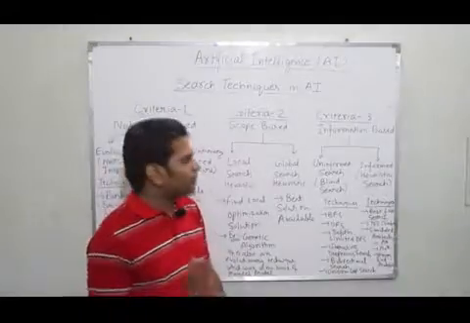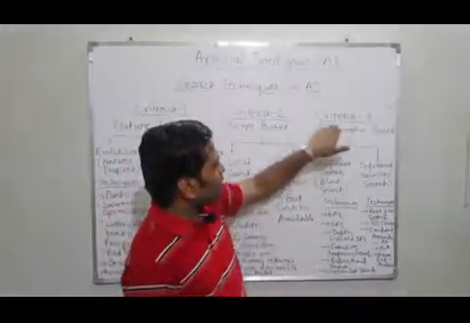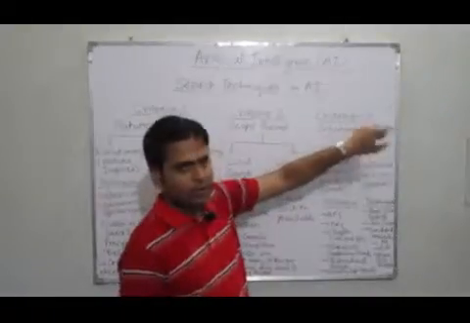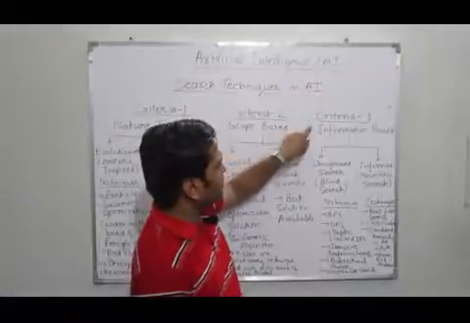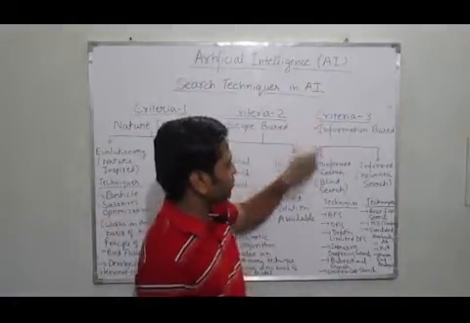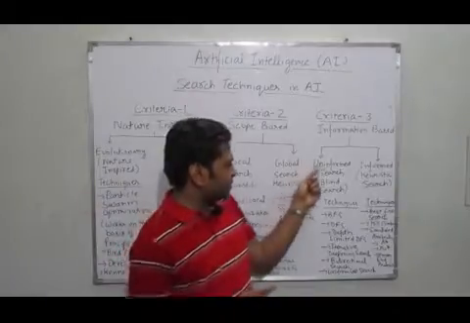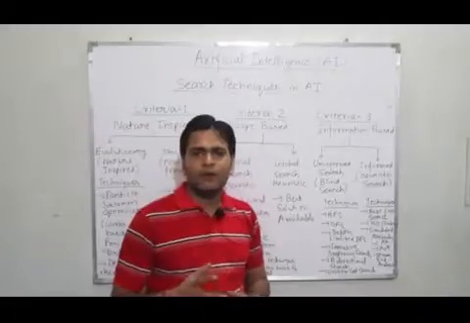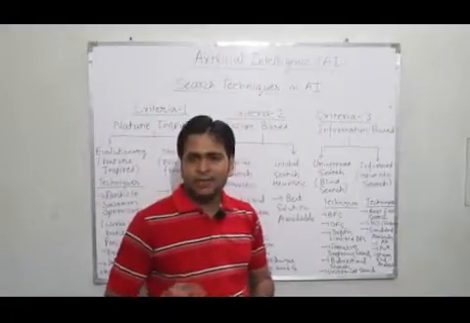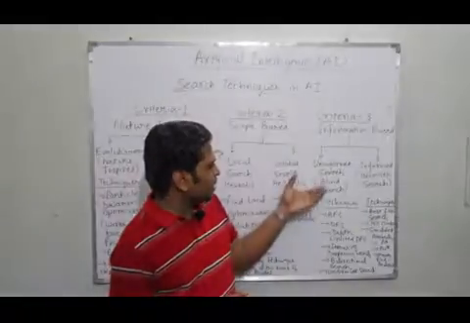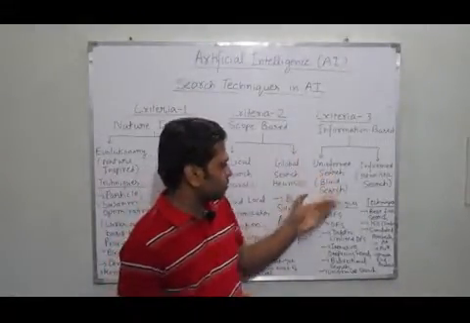Finally, we have the criteria number 3 for defining the solution for a given AI problem. And this criteria focuses over the information. When we don't have any information to find the solution of a given problem, and we look for the solution physically, such a problem is categorized under the uninformed search.